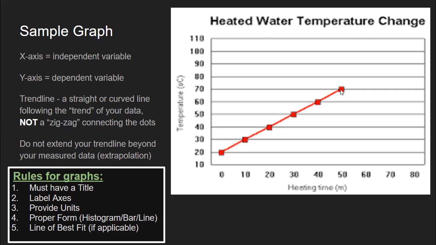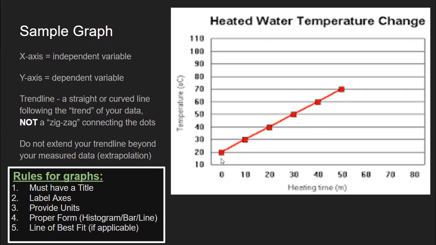But sometimes your data is kind of scattered, or it goes kind of up and down a little bit, right? So like this might be higher and this might be lower, and so on. And you end up with something that if you just drew straight through the dots, you would have a zigzaggy line. You don't want to do that. That's not a line of best fit. That is connecting the dots, connecting your data points.